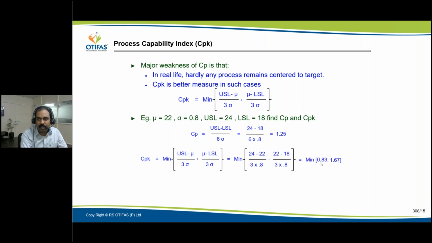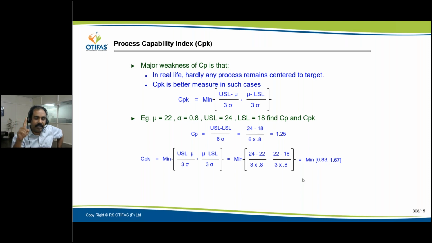You get two values, 0.83 and 1.64. Which value should we take for CPK? 0.83. So 0.83 is the real capability, not the other one. The 1.25 makes it seem capable, but CPK shows it's not capable because it is shifting from the target. So CPK is the better measure.